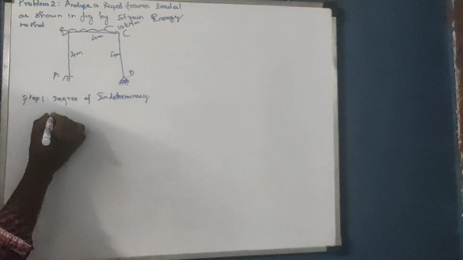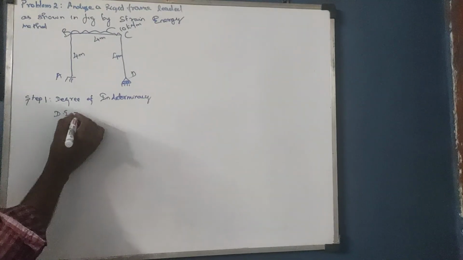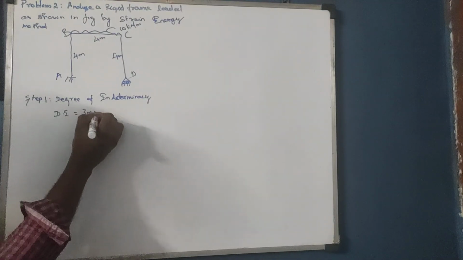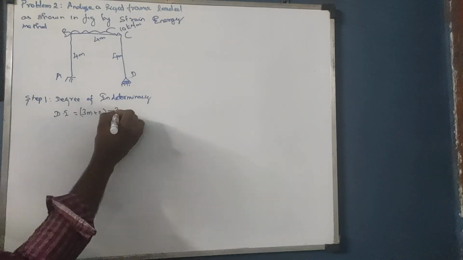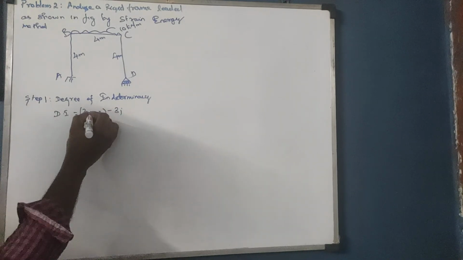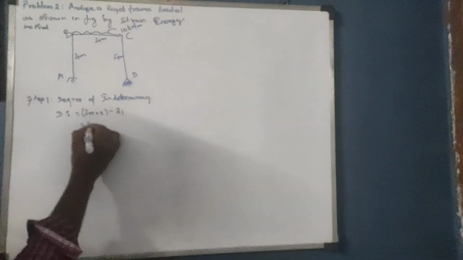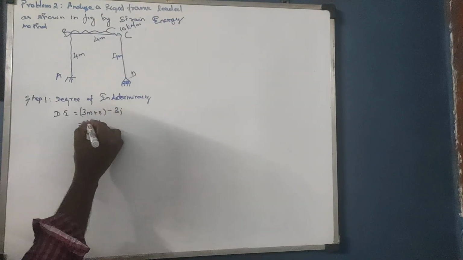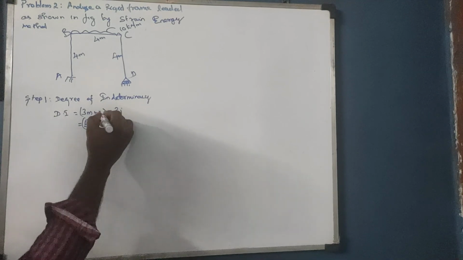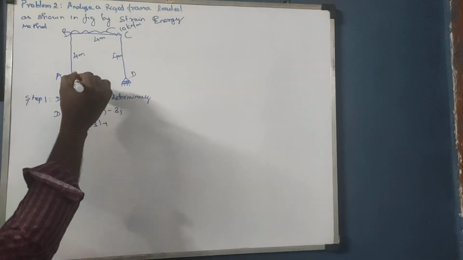So we know that for a rigid frame, degree of indeterminacy equals 3m plus r minus 3j, where m equals, we have three members AB, BC and CD, so 3 into 3, plus, for r, it is a fixed support.